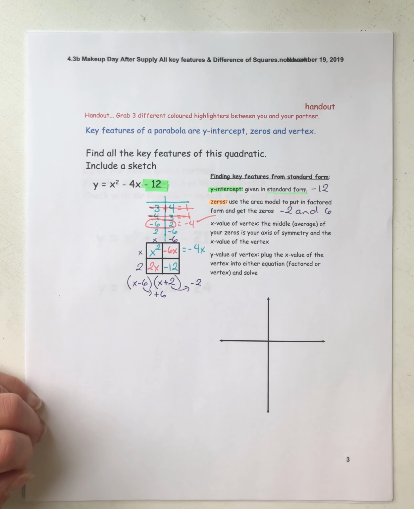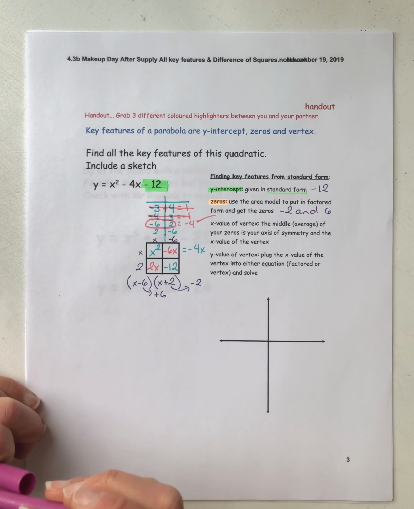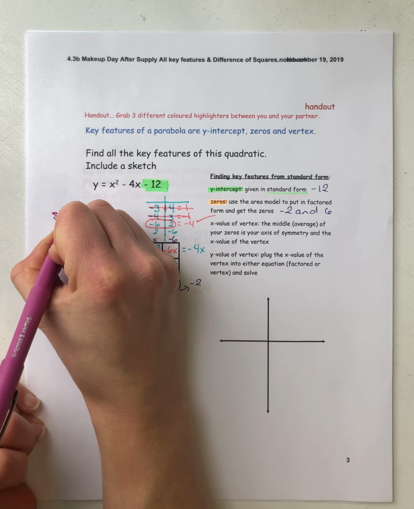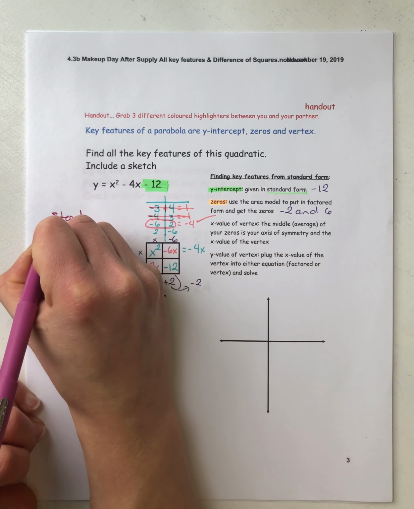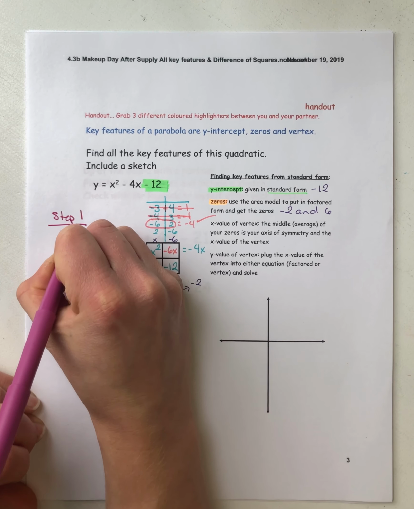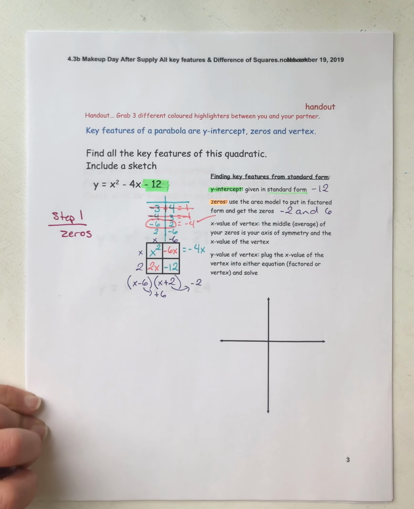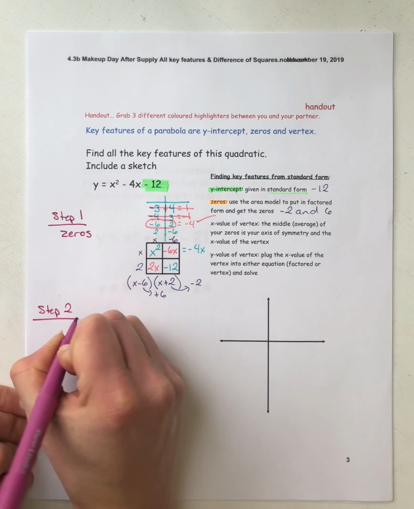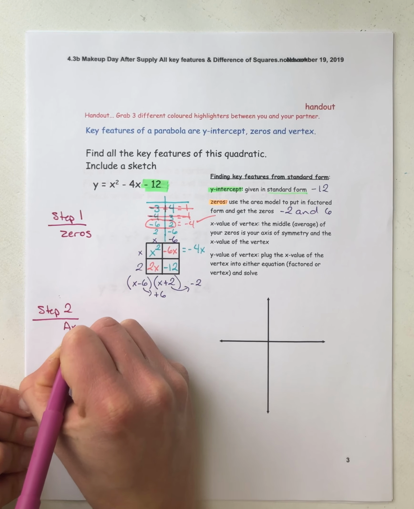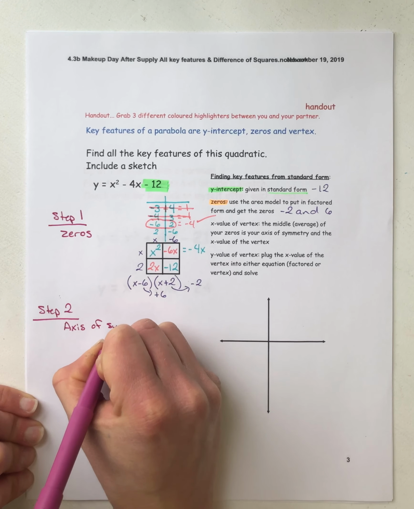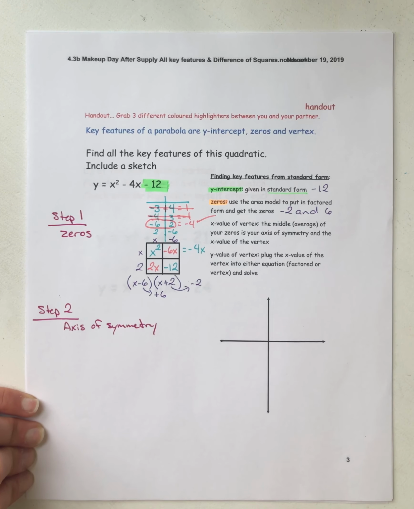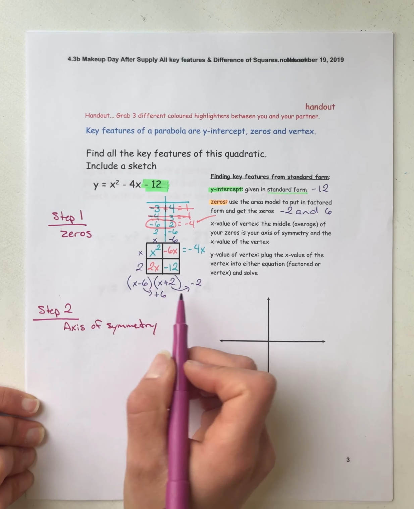So then we do the axis of symmetry. Step 1, we did our zeros, right? Step 2, we're going to do the axis of symmetry, and we can do that because we now have our factored form.